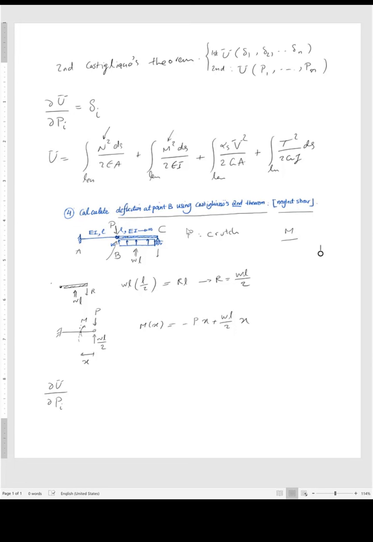So before substituting the moments, we can simplify the equation and directly write the integrals as, moving the derivative inside the integral, so this becomes N partial N partial Pi ds over EA. So you see, if you calculate the derivative of N squared, it becomes 2N partial N partial Pi, right?